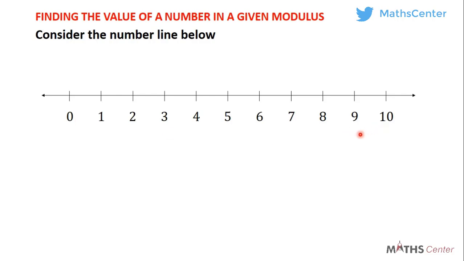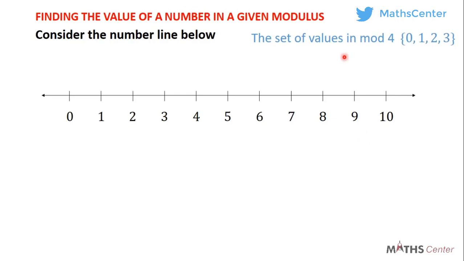In the previous video, we learned that in any given modulus, we have a set of values that are used. So for example, in mode 2, the set of values used are 0 and 1. In mode 3, the set of values used are 0, 1, and 2. In mode 4, the set of values used are 0, 1, 2, and 3.